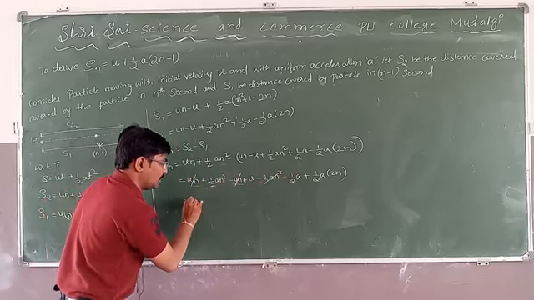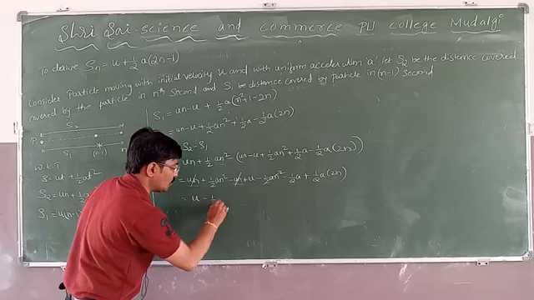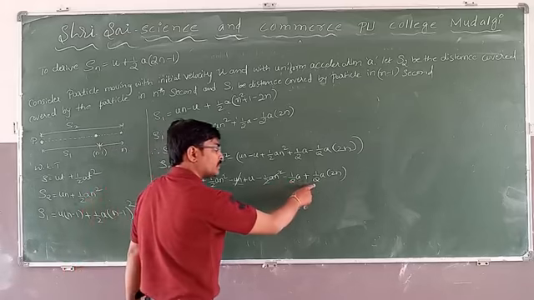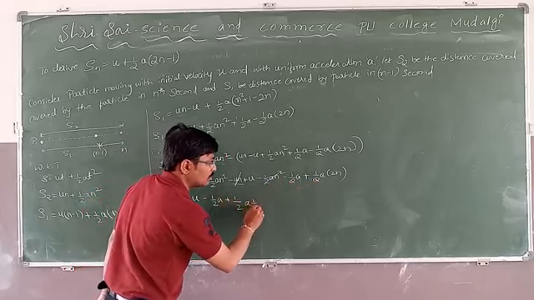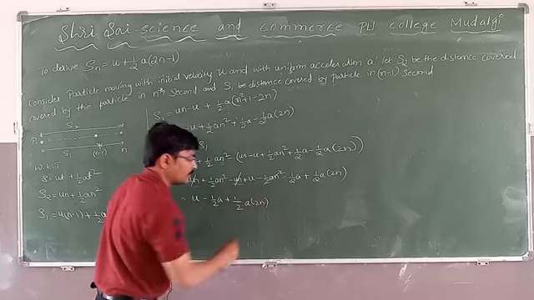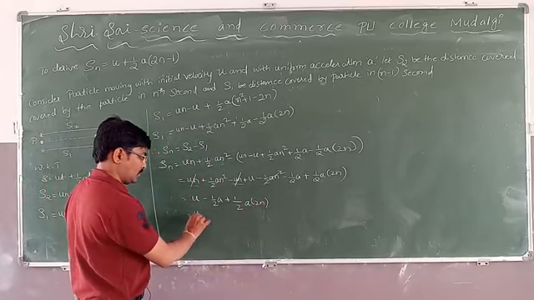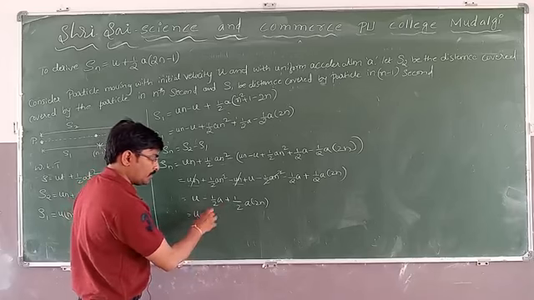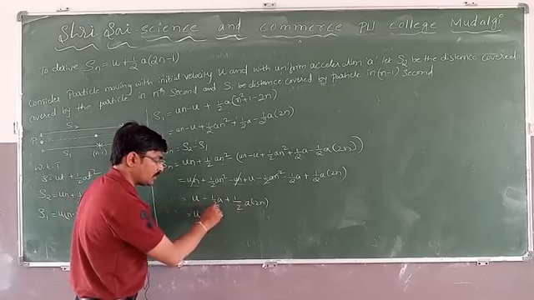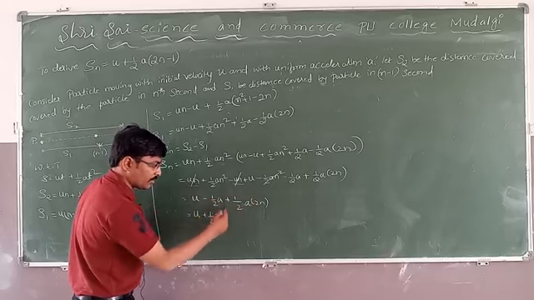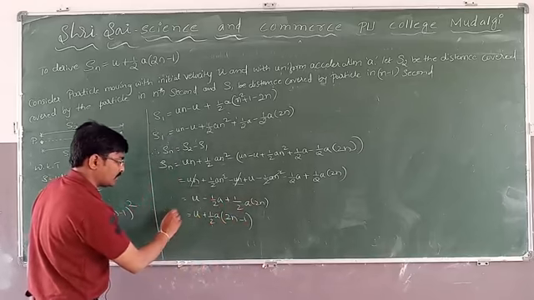The remaining terms are only u minus 1/2 a plus 1/2 a into 2n. Take the common terms: 1/2 a is common in both, therefore write 2n minus 1. This is your Sn.